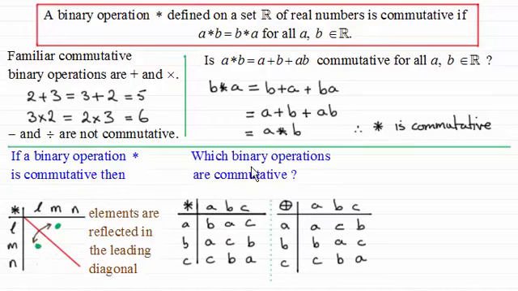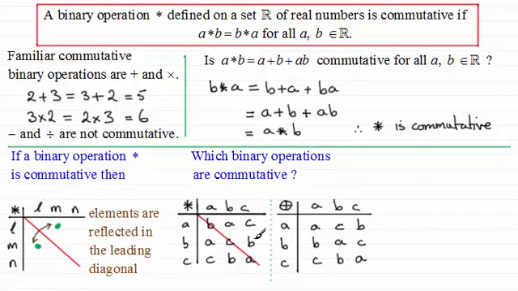So in this example here, which binary operations are commutative? I've got two tables here. Just think for a moment, have a look at this. Which ones of these tables do you think are commutative? Okay, well, if we look at the diagonal through this table here, can you see that the elements A and A are reflections across the line?